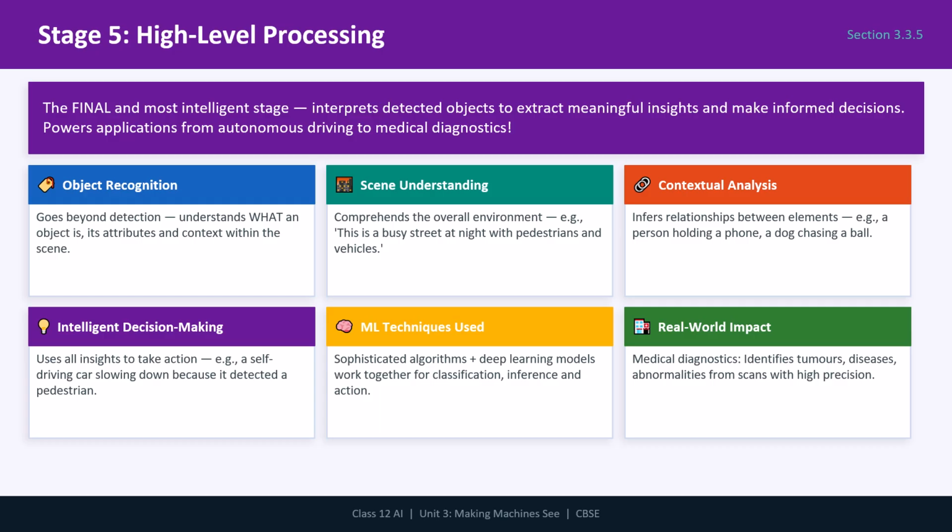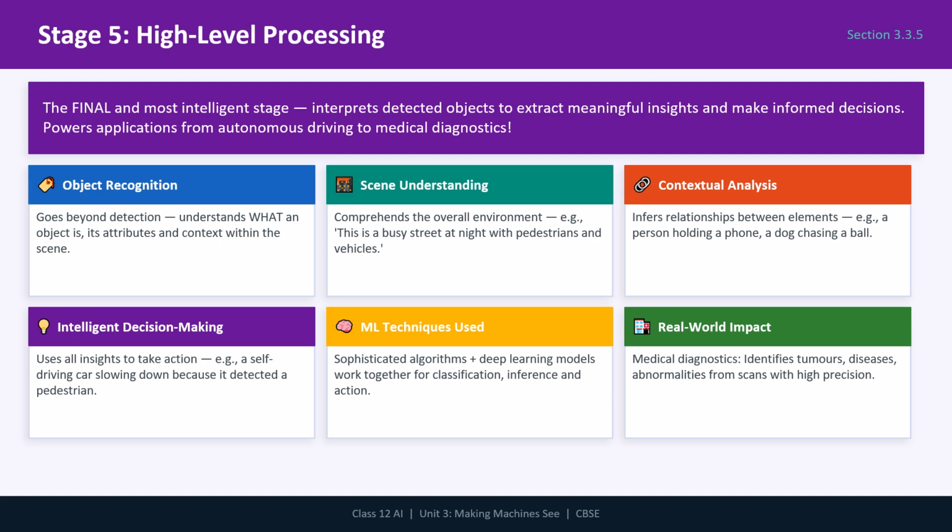Here we are at the final and most intelligent stage, high-level processing. By this point, the system has acquired the image, cleaned it, extracted features, detected and segmented objects. Now it needs to actually understand what all of this means and take action. Let me give you the best example. A self-driving car.